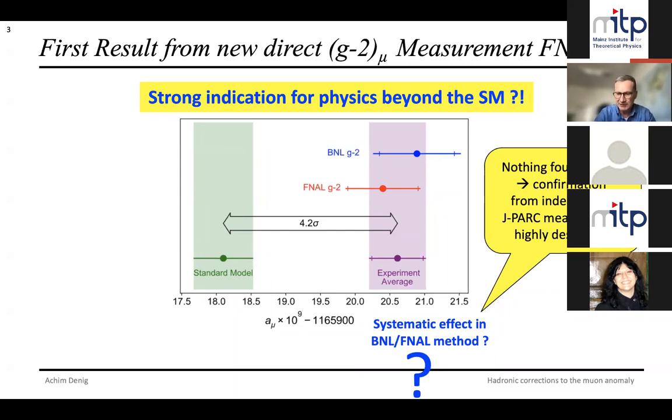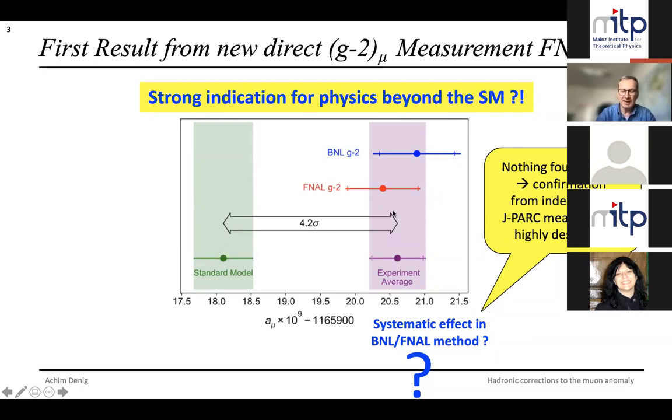And the big question is, of course, now, do we see new physics? Have we resolved not only the weak interaction contribution, but a contribution of physics beyond the standard model? So what we need to do is scrutinize both the experimental value and the standard model prediction.